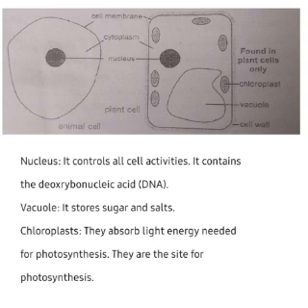Site meaning the place where it happens. So they're a site for photosynthesis. And this is all because they contain a green pigment called chlorophyll. So take note of that.